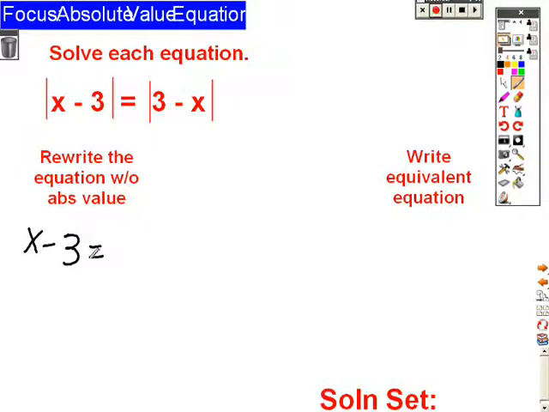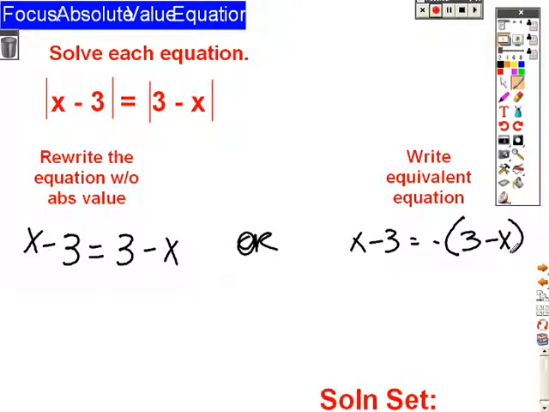I write the right as a positive, or not changing the left again, I write the right side of the equation as a negative. I'm going to distribute the negative through the right-hand side. Got negative 3 plus x.